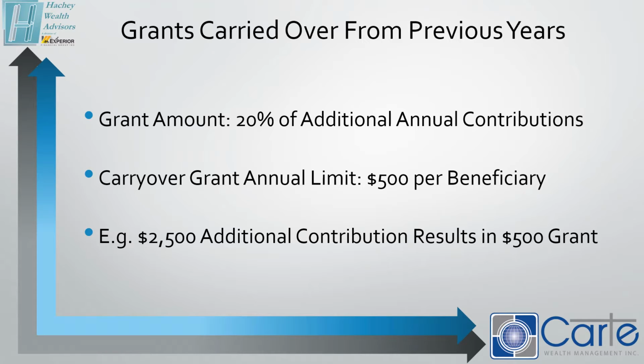So with $5,000, the first $2,500 would get you the grant money available from this current year, and the second $2,500 at 20% would give you $500 of previous year's available grant room that the government hadn't given you yet. So it's really important to plan this out, particularly if your child is a little bit older and you want to get the grants from previous years. You have to be careful about making the right amount of RESP contributions so that you can maximize those grants.